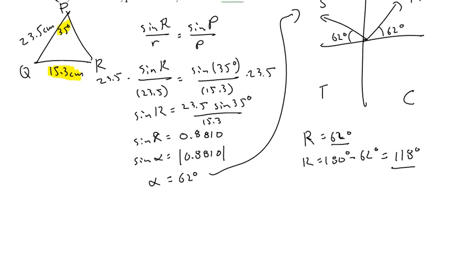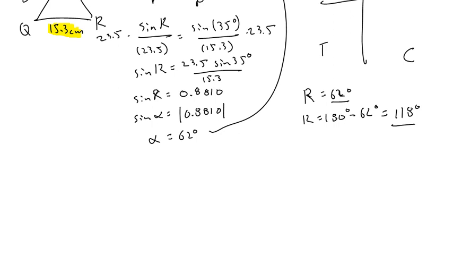So let's just scroll down a bit here and see what that's going to look like. One possibility is going to look something like that, where that's 35 degrees and that's going to be 62 degrees. Or it's going to look kind of like that, where that's going to be 118 degrees, and that's going to be 35 degrees.